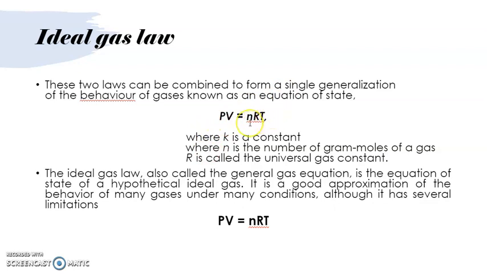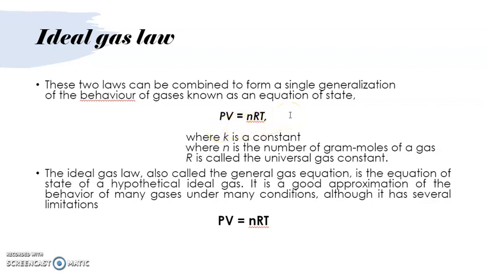Here n refers to the number of gram moles of a gas. If you are writing the equation for only 1 mole, then the equation reduces to PV = RT. But if you are writing it for n number of moles, the equation changes to PV = nRT.